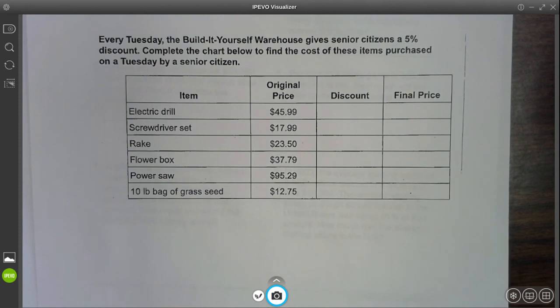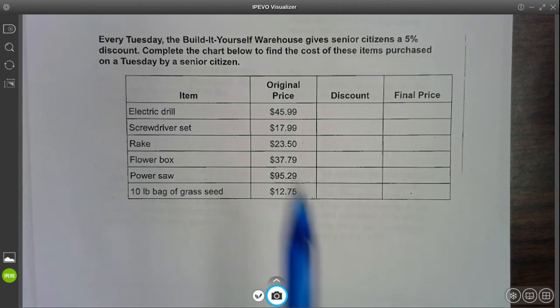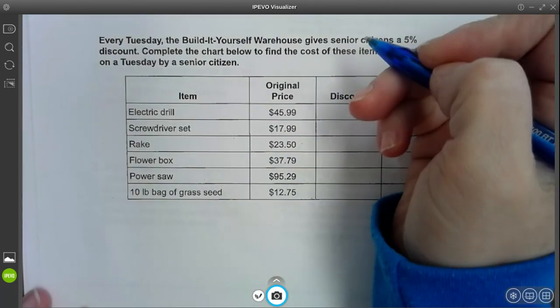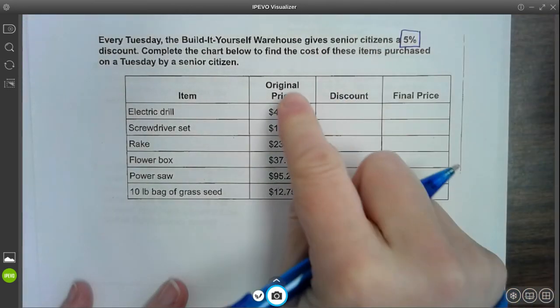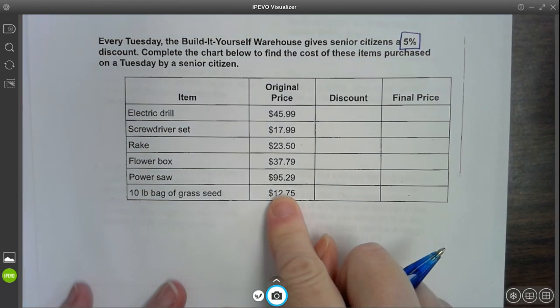Okay, this one says every Tuesday, the Build It Yourself warehouse gives senior citizens a 5% discount. Complete the chart below to find the cost of these items purchased on a Tuesday by a senior citizen. So what we're going to be doing is we're trying to figure out what is 5% of all of these prices.